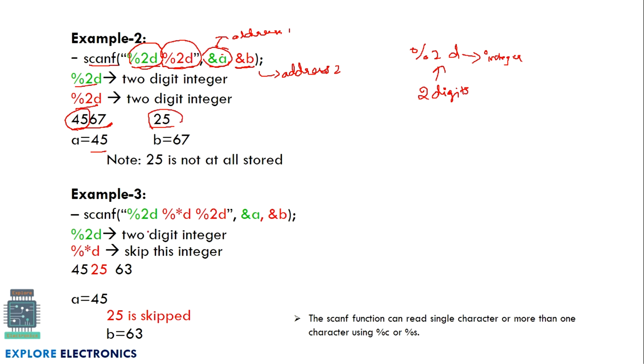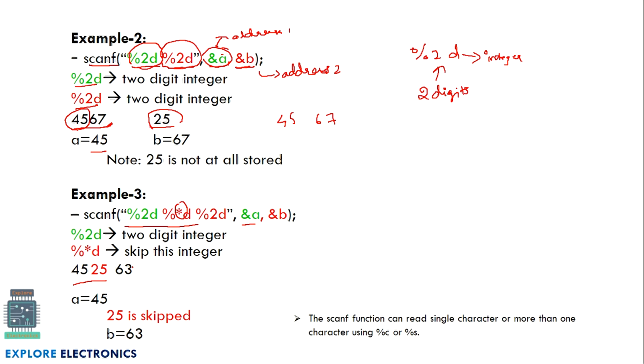We have one more example in which we can write something called *d. Here in this case, suppose for a we are entering 4525, a 4 digit number. In the previous case, a and b used to have 2 digits each, correct? But here, since we have given *d, it will skip the second 2 digit integer.